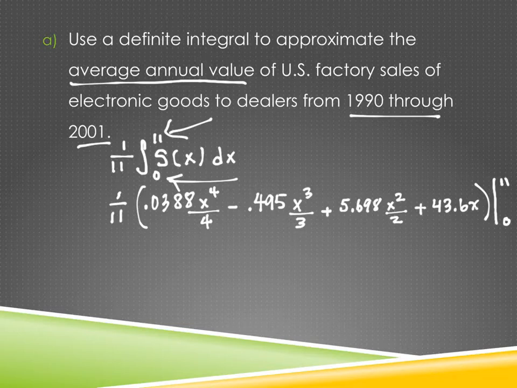So the way that we do that is we plug the number 11 in. So in this problem, what we're literally going to do is we're going to take the number 11 and plug it in everywhere we have an x.